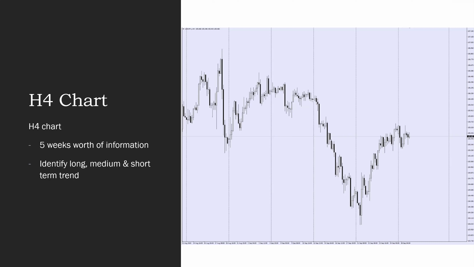I'm more concerned about identifying targets over the next couple of days or even a week. Even if you hold on to trades for a week, having 5 weeks of previous information gives you a good foundation of what could happen moving forward. I hope that makes sense to you.